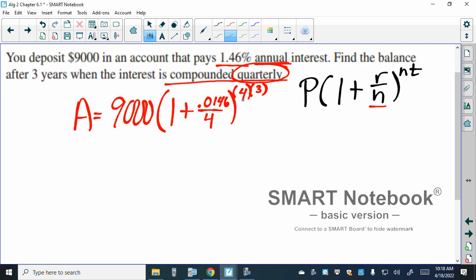Any questions on what we got here, besides the little goof up for the 4? We good with this here? That's what we do now. Solve it.